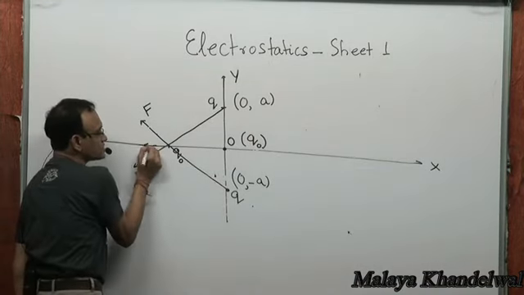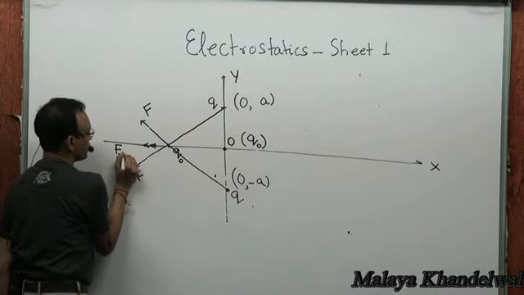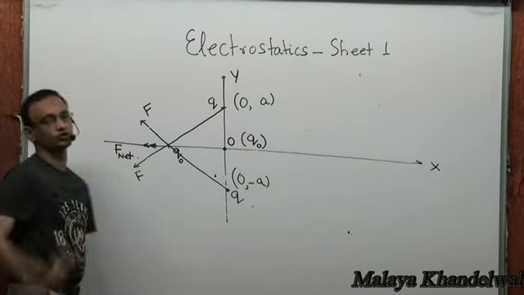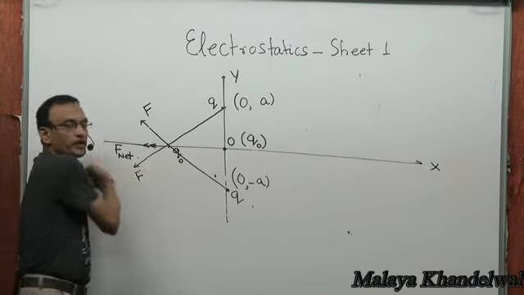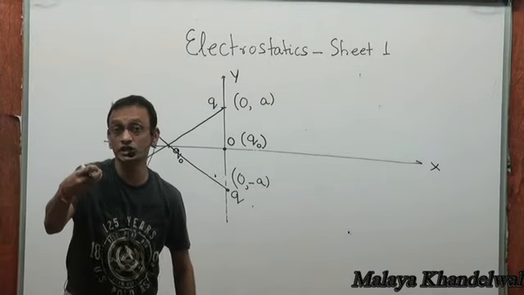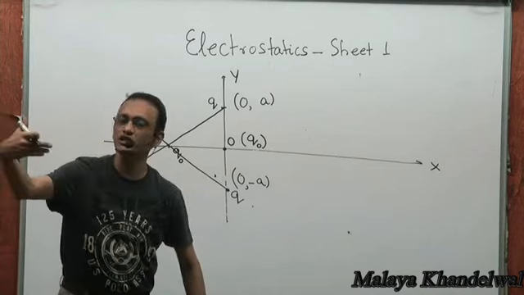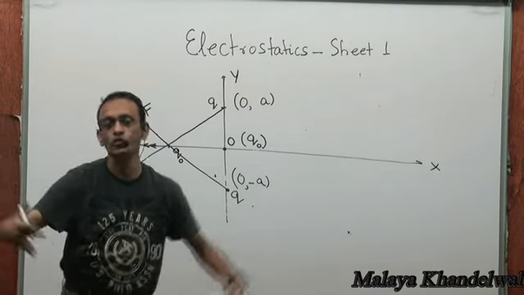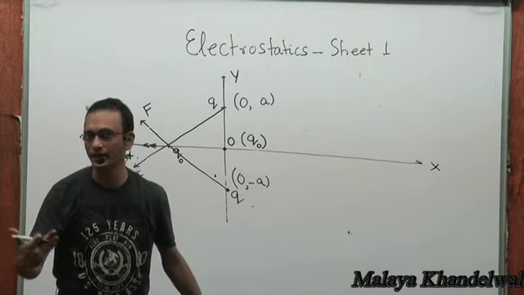Consequently, the resultant of these two forces is going to be a net leftward force F naught acting on q naught. And this F naught would cause q naught to race away to infinity. q naught would keep giving up its potential energy and would keep gathering kinetic energy. At infinity, its potential energy would become 0 and its kinetic energy would be the maximum it could be. That's the whole idea, right?